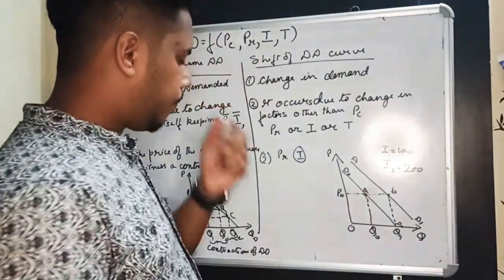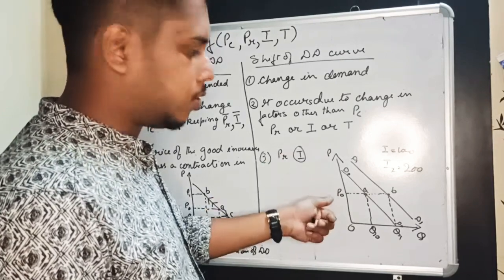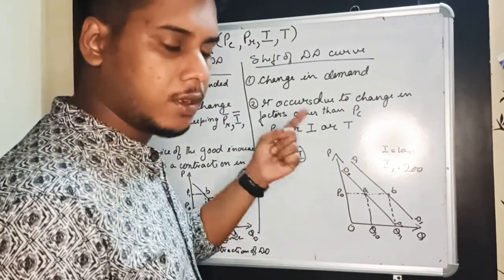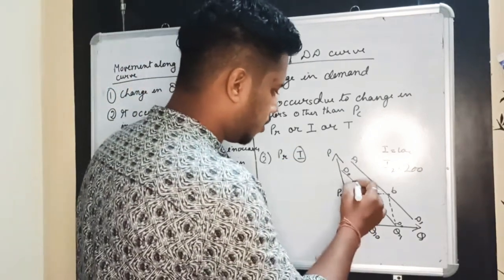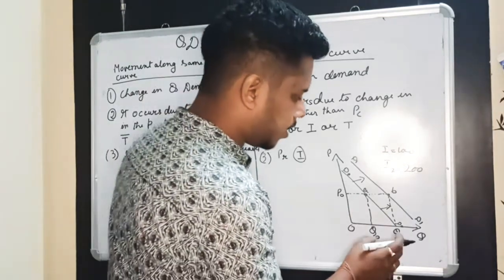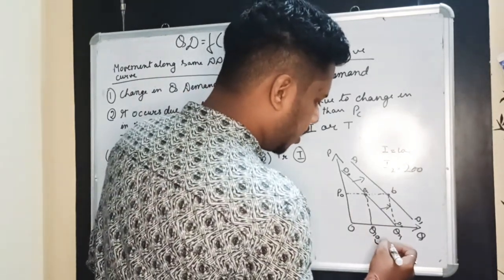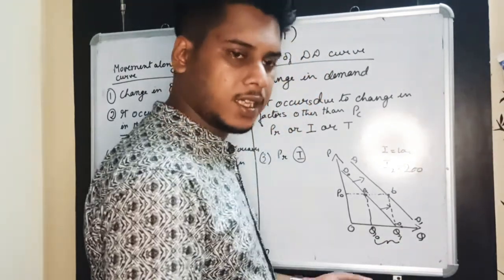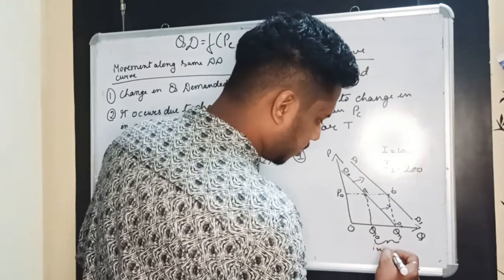So what do we see? We see that keeping the price constant, if the income increases, the demand curve shifts rightwards. Okay, and we witness an increase in the quantity demanded. The quantity of the commodity to be purchased has increased, and thus we have witnessed an increase in demand.